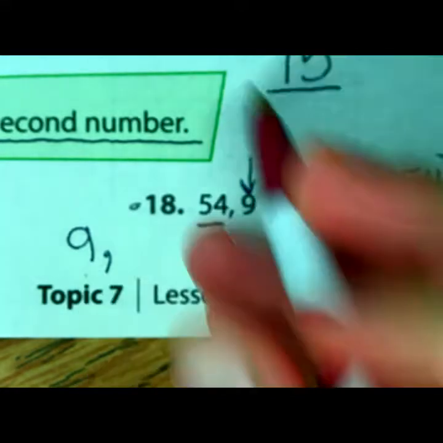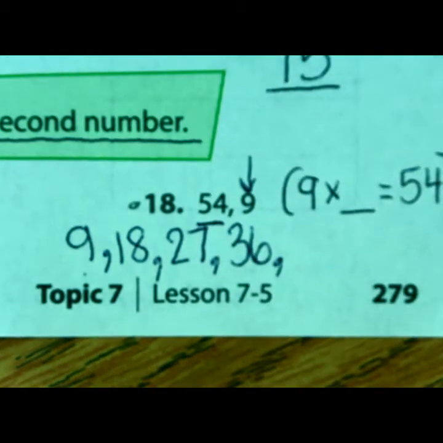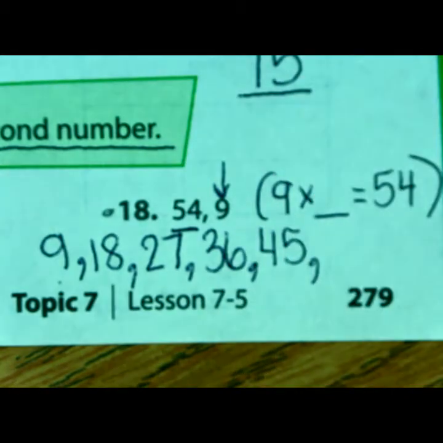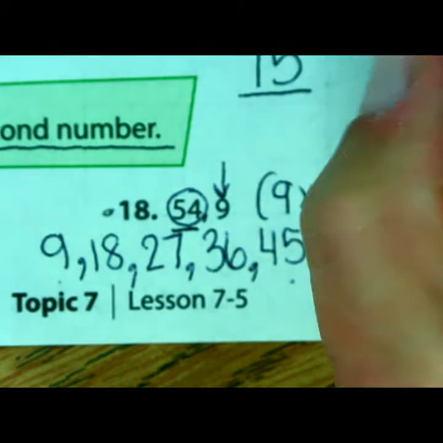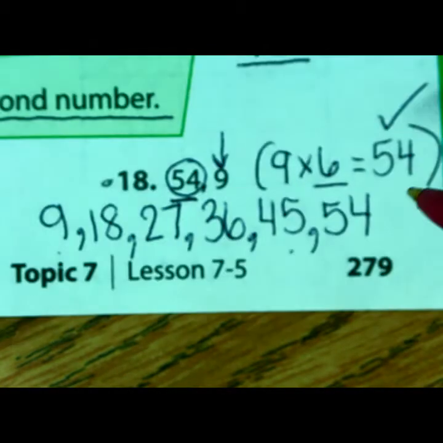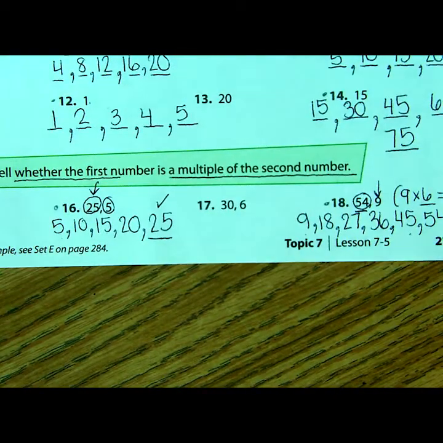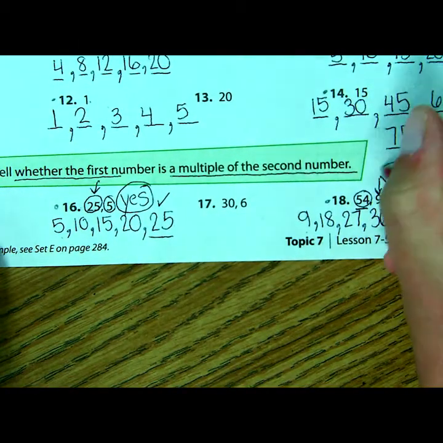So 9 times 1 is 9, 9 times 2, 18, times 3, 27, times 4, 36, 9 times 5, 45. We're getting closer, but we're not there yet. What about 9 times 6? If we add on another group of 9, we would arrive at 54. So 9 times 6 is 54, therefore yes, 54 is a multiple of 9. So if you're wondering how you would answer these two, you would put yes and yes.